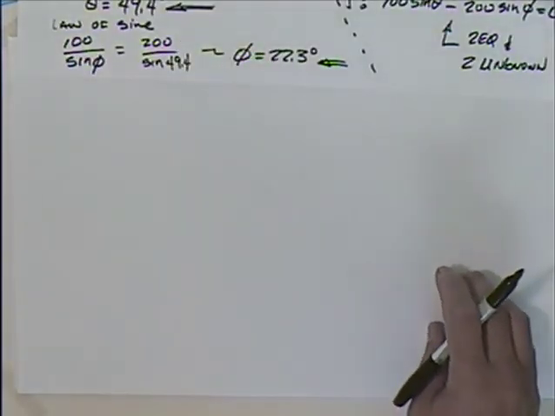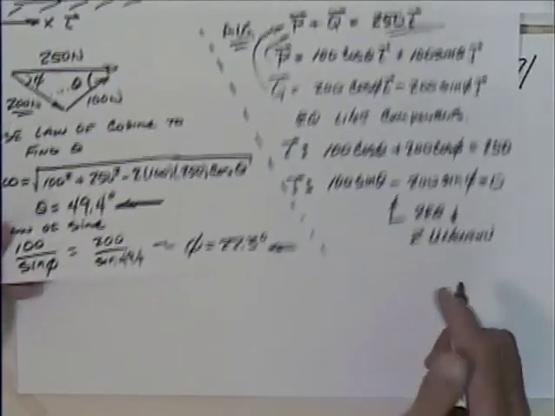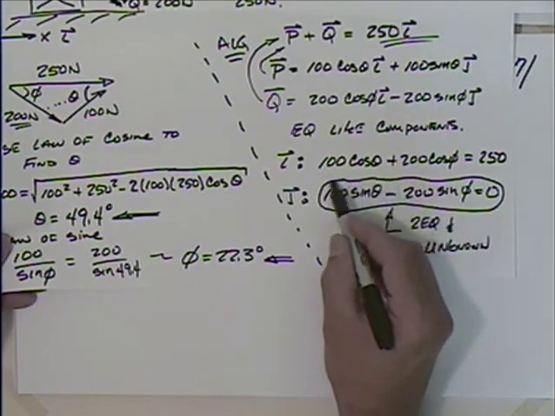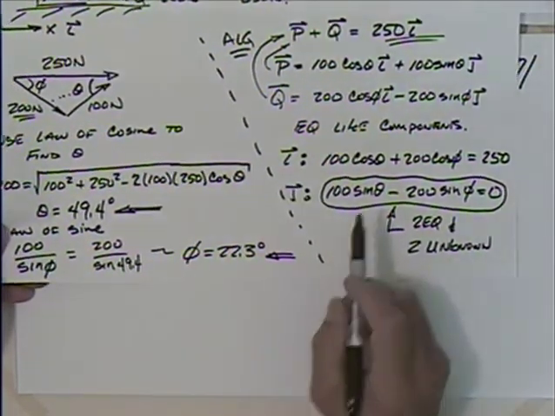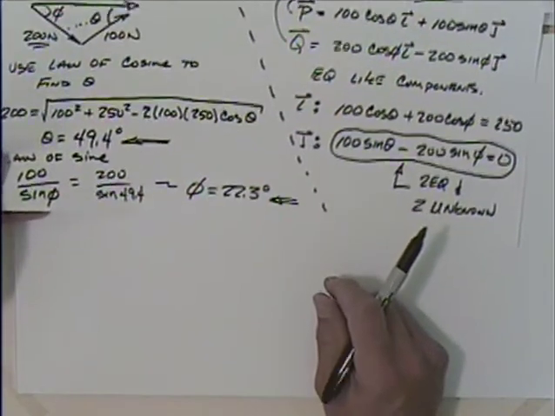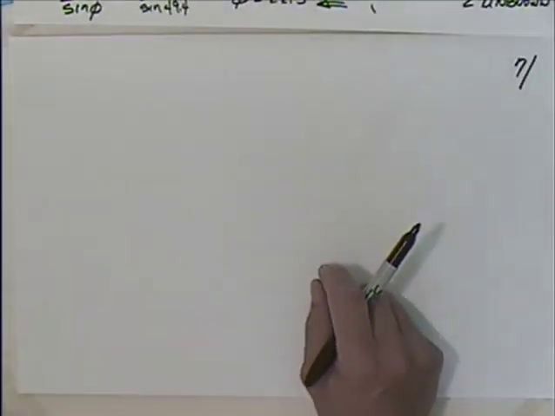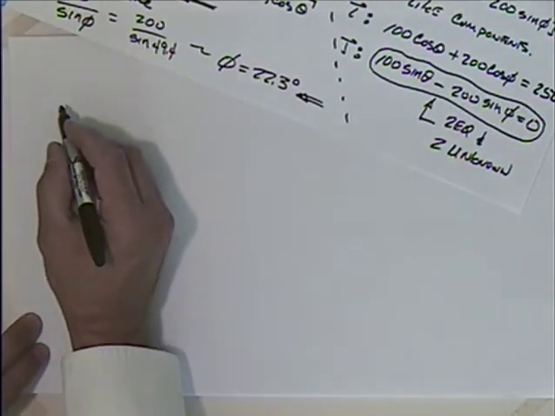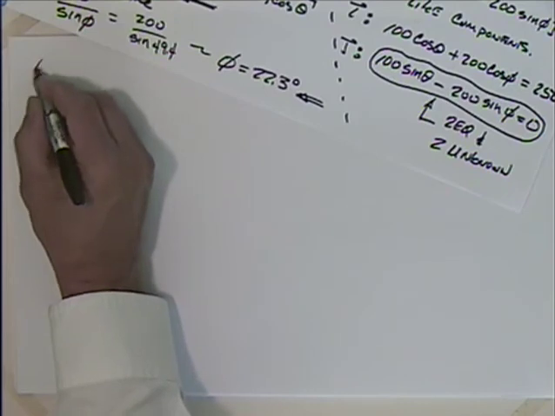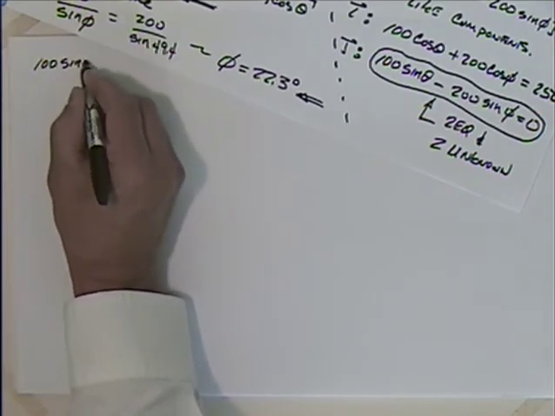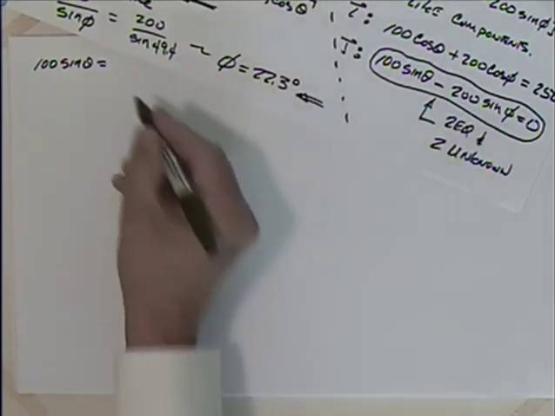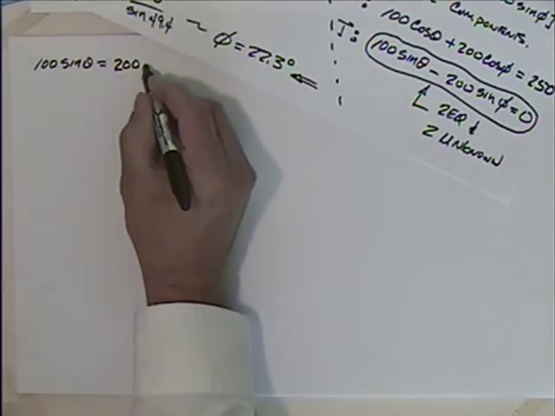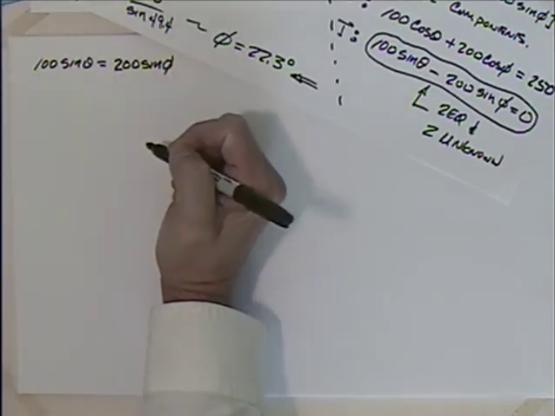So starting with those equations, I'm going to take this second equation right here. Okay, keep track of these. I don't want to end up substituting it into itself later. So I'm going to use that equation right there. And so I'm going to say then that I have 100 sine theta is equal to, moving that to the other side, 200 times the sine of phi, right?